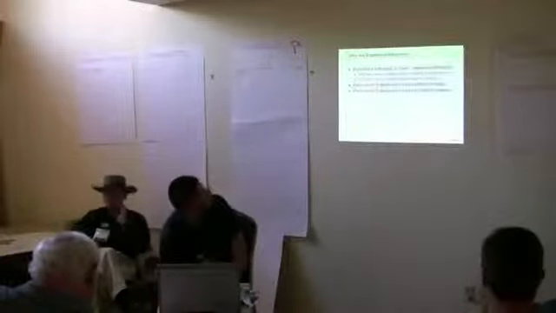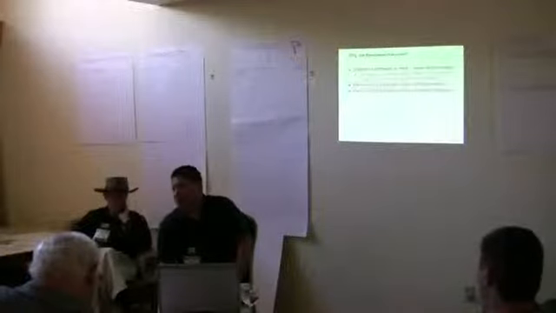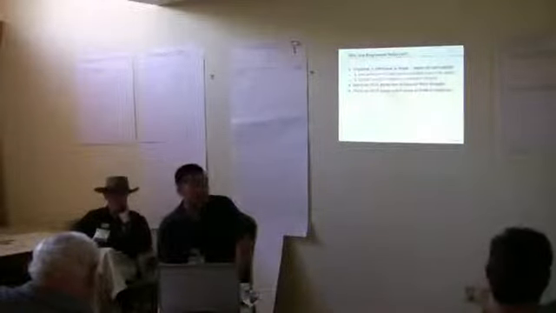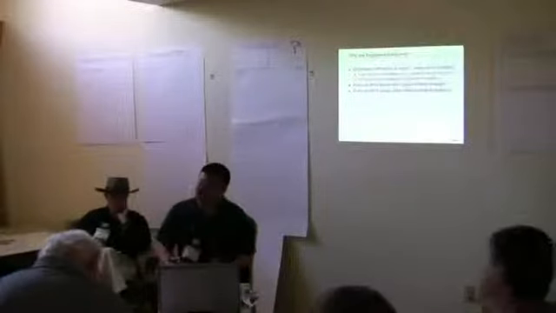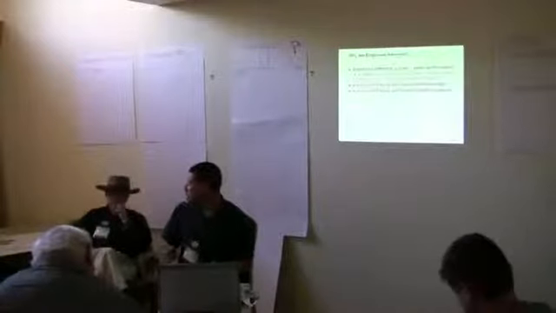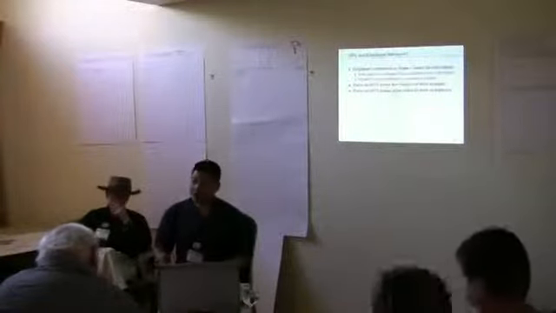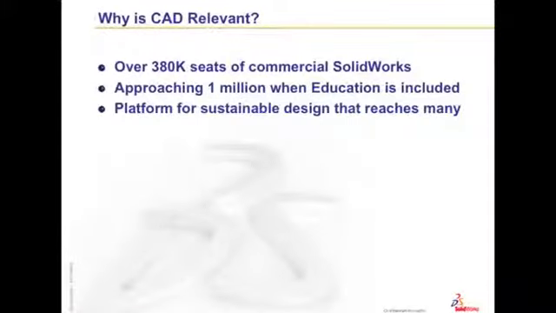A lot of engineers really don't know what the environmental impact is of the products that they produce. Even if they understand there is an impact to the work they do and the products they provide, they really don't understand the magnitude. And lastly, they don't know what steps they can take to improve it. So we want to try and address all of those.